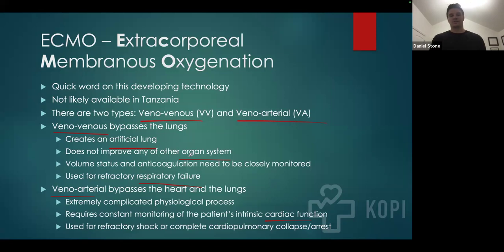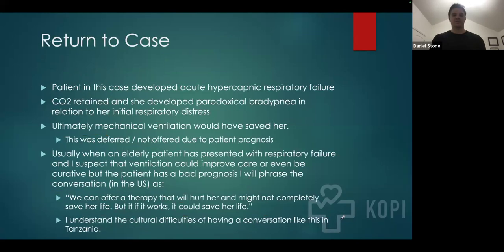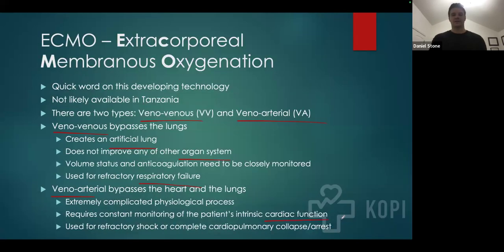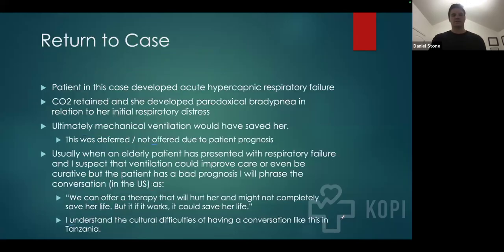You're improving ventilation as well as oxygenation in both of these circuits. They're both helping with ventilation and oxygenation. But VA ECMO basically bypasses the heart, which is the big difference. So if you start seeing this in Tanzania or in Mozambique or wherever, it's out there.